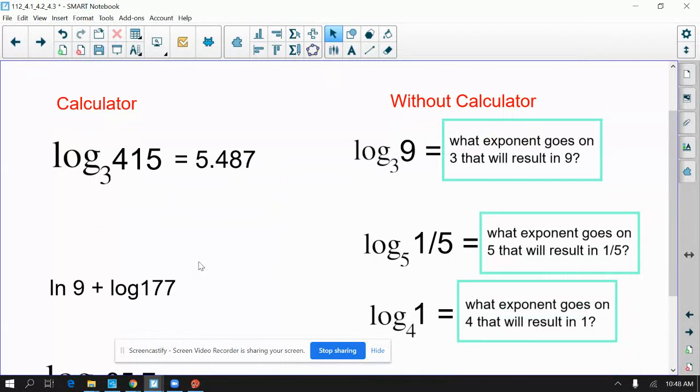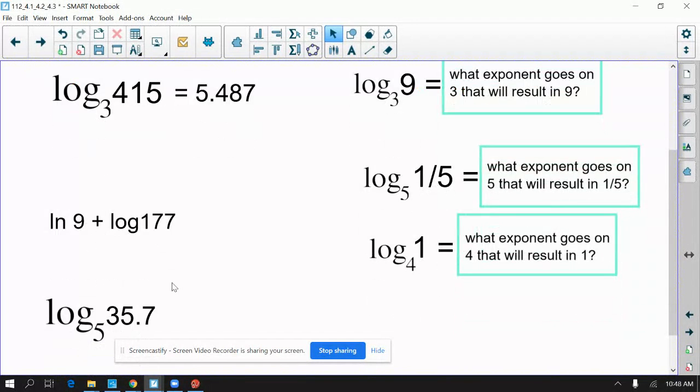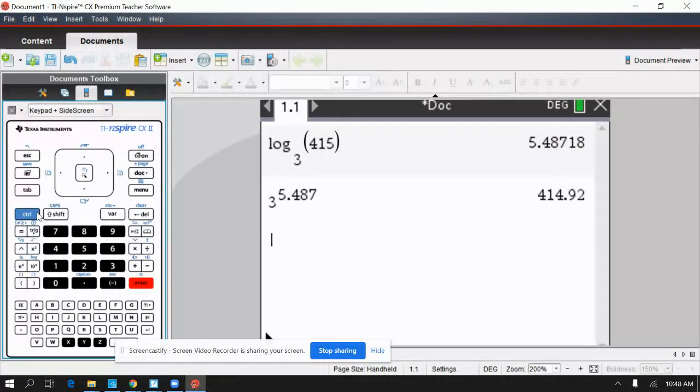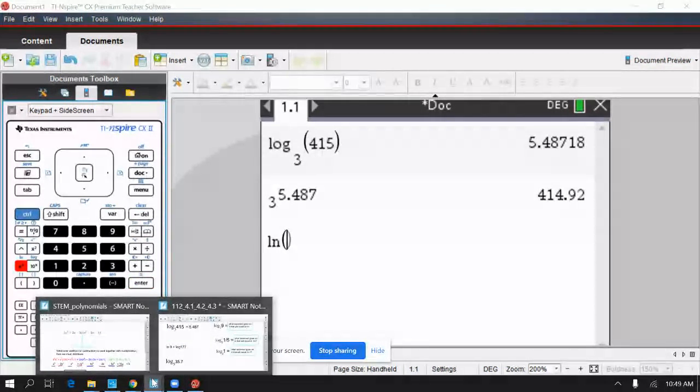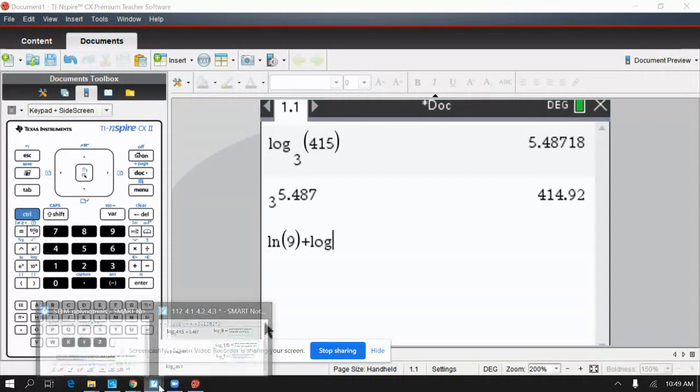Okay, another one. Natural log of 9 plus the log of 177. So this is just calculator work. So I had to find natural log. The natural log of 9. Close the parentheses. Plus the log of 177.